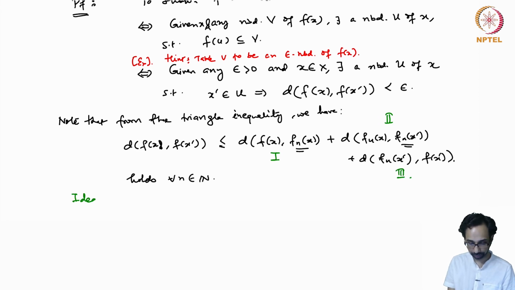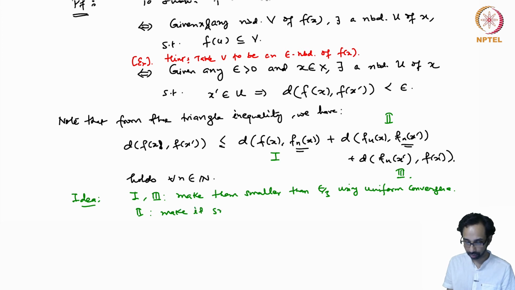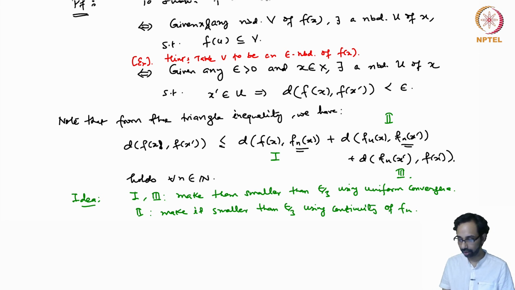The idea is to make the first and third terms smaller than epsilon by 3 using uniform convergence, and make the second term smaller than epsilon by 3 using continuity of f_n.